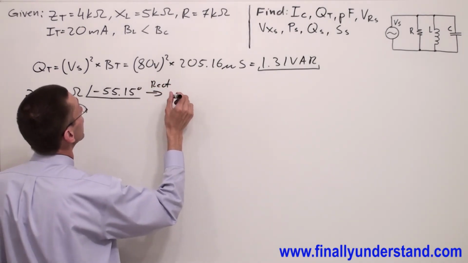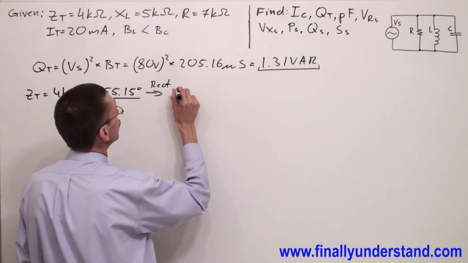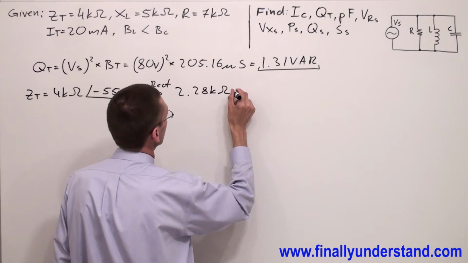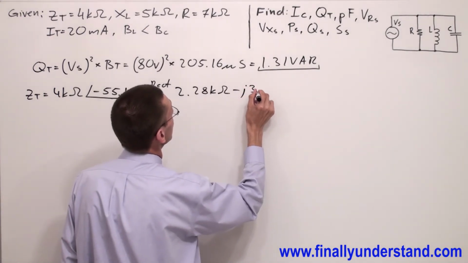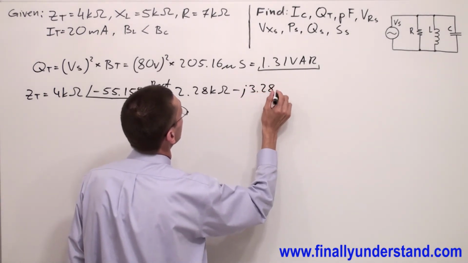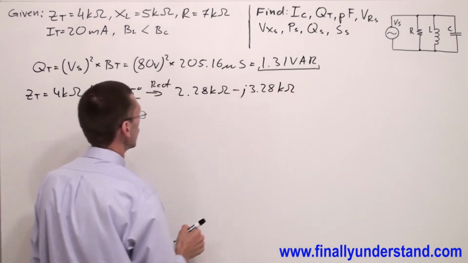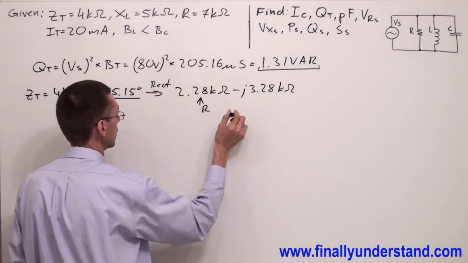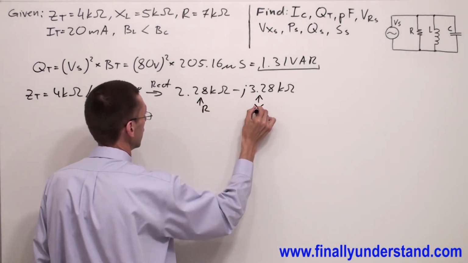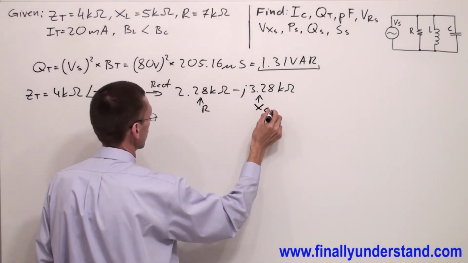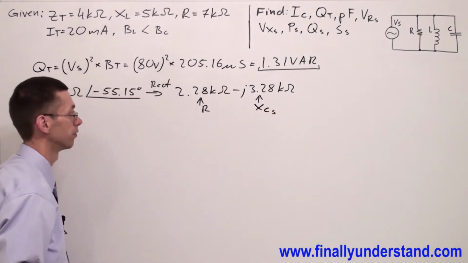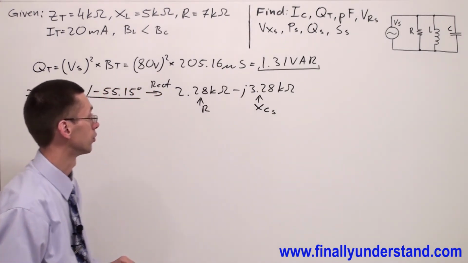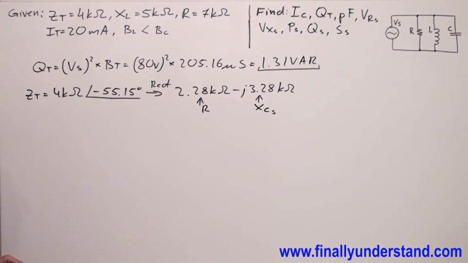You're supposed to obtain 2.28 kilo ohms minus j 3.28 kilo ohms, where the real part is my RS and the imaginary part is my X of CS. I have X of C because I have negative j in front of 3.28 kilo ohms.